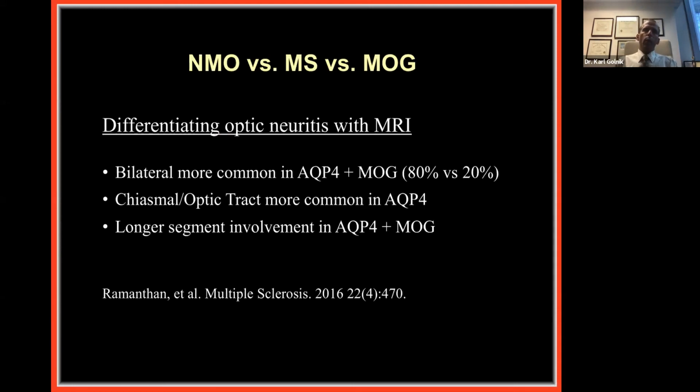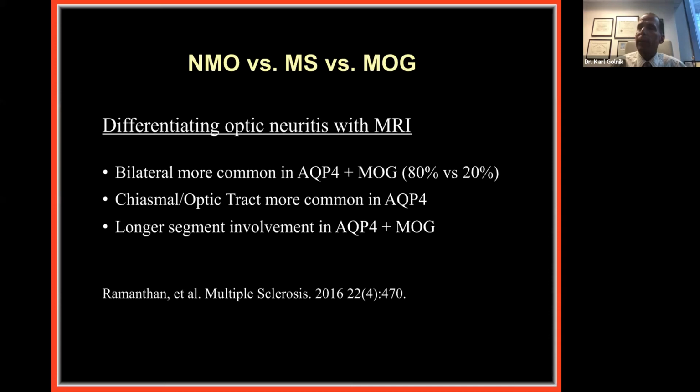NMO versus MOG versus MS. This study looked at a number of patients and again found bilaterality not common in MS at all, much more common in NMO or MOG. I rarely have seen a patient present with bilateral simultaneous optic neuritis that has turned out to be demyelinating.